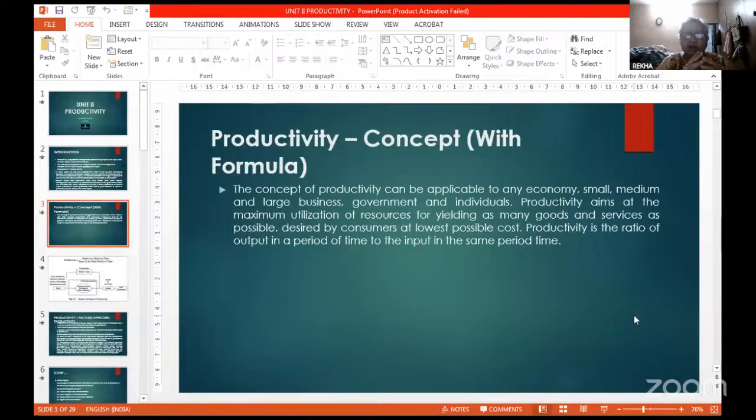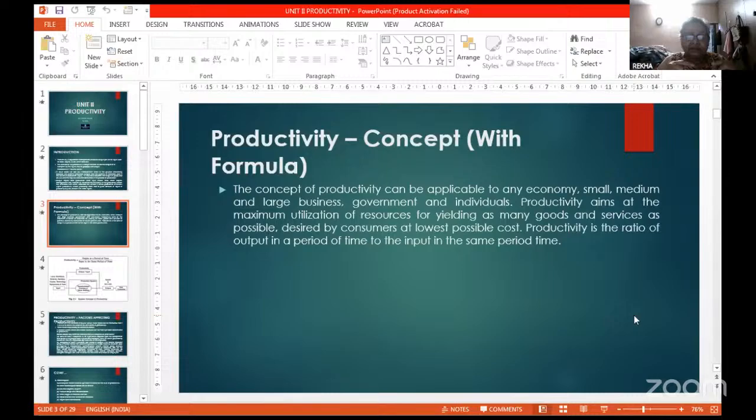Productivity aims at the maximum utilization of resources for yielding as many goods and services as possible at a reasonable cost. So efficiency and effectiveness bring down the costs per unit. Our aim is to make the maximum profit, but at the minimum cost.